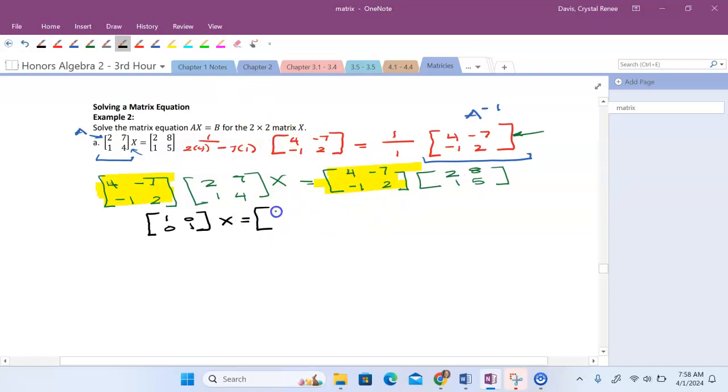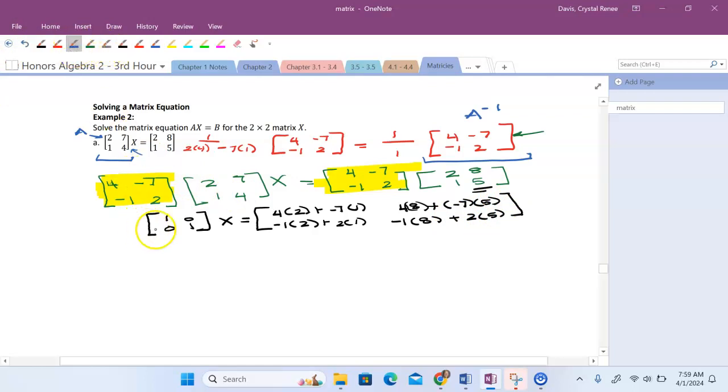So 4 times 2 plus -7 times 1, and then -1 times 2 plus 2 times 1, and then back up to the second column here. So 4 times 8 plus -7 times 5, and -1 times 8 plus 2 times 5.